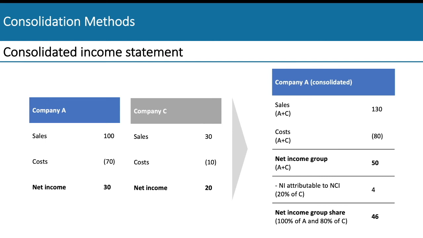So you would subtract out the net income that is attributable to the non-controlling interest. So 20% of C's net income. So 20% of 20 gives you 4. And lastly, it gives you the net income group share. So this is 100% of A's net income and then 80% of C's net income, which is 46, or the same as doing 50 minus 4.